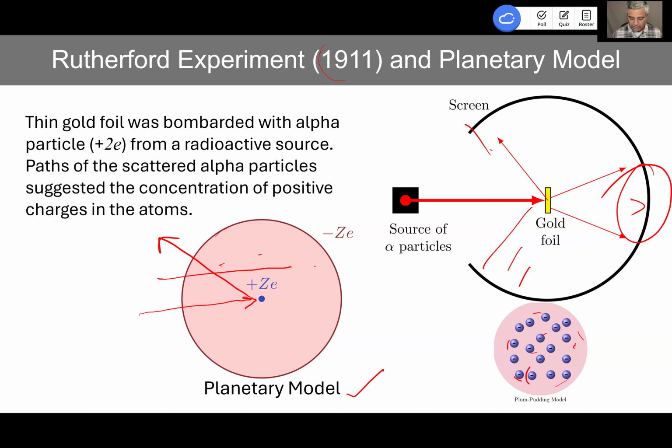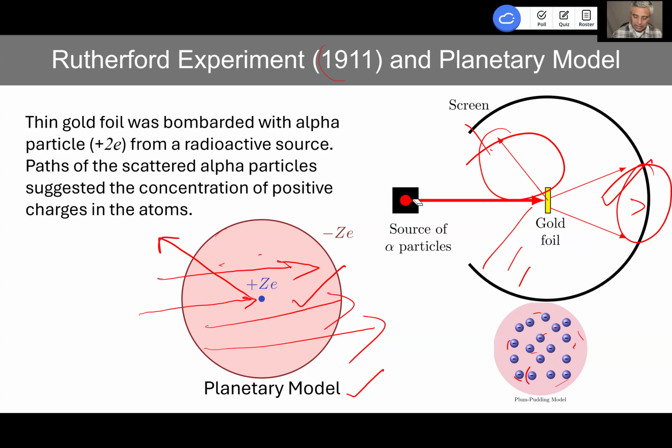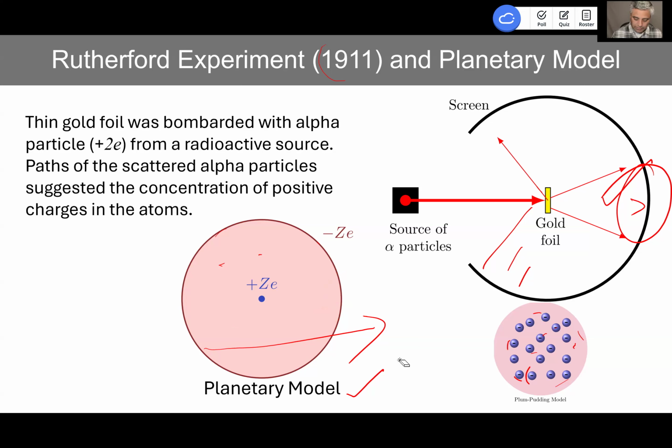All those that missed just went straight. Okay, so that's how the planetary model explained the scattered light, or I should say alpha particles. Great.